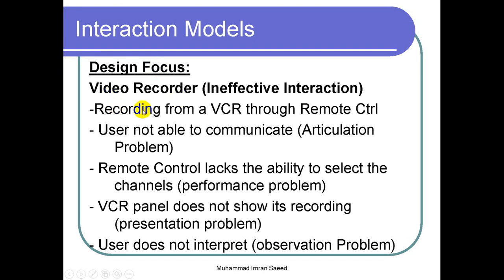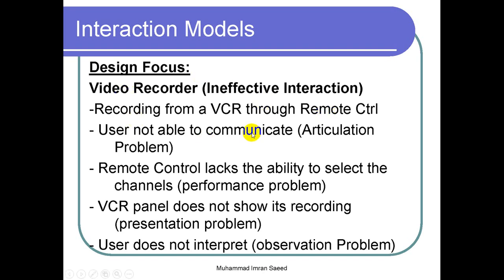For example, if we want to record from a VCR through a remote control, my remote control and VCR are my system. You will say, sorry, these are 2 systems. No, it is one system. In order to communicate with the system, I am using a remote control, right? So the system is remote control plus the VCR.